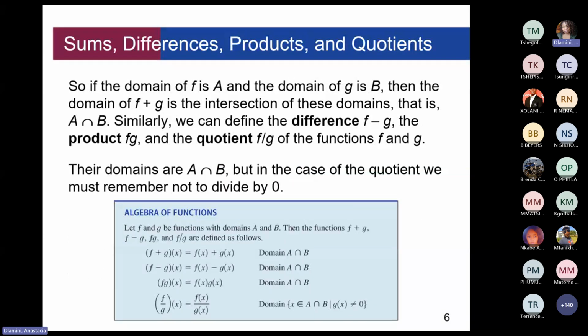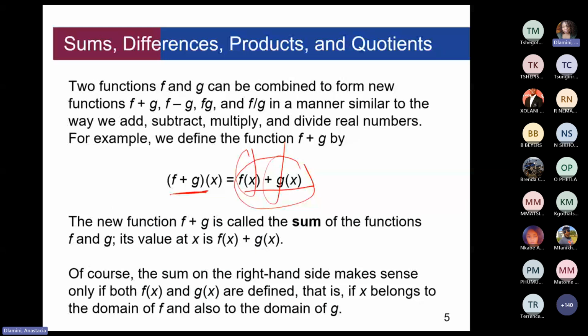Can you please repeat, ma'am? So they are saying that for f of x plus g of x to be defined, x has to belong to both domains, meaning that x has to belong to the domain of f and x has to belong to the domain of g.